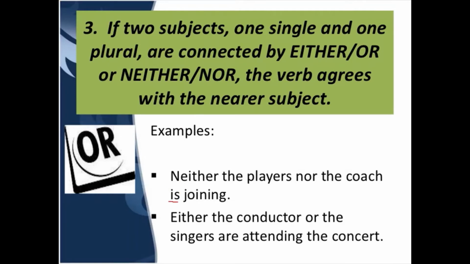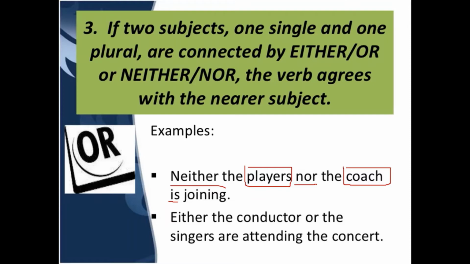Because in this sentence, there are two subjects connected by neither nor. These subjects are players and coach. By looking at the sentence, the nearer subject is coach. So which subject is nearer to the linking verb is? Yes, you're right.